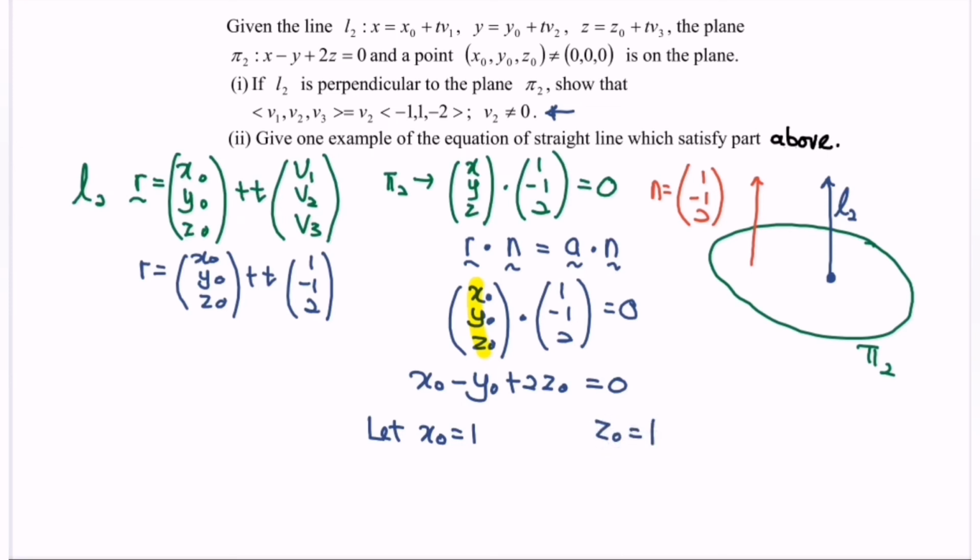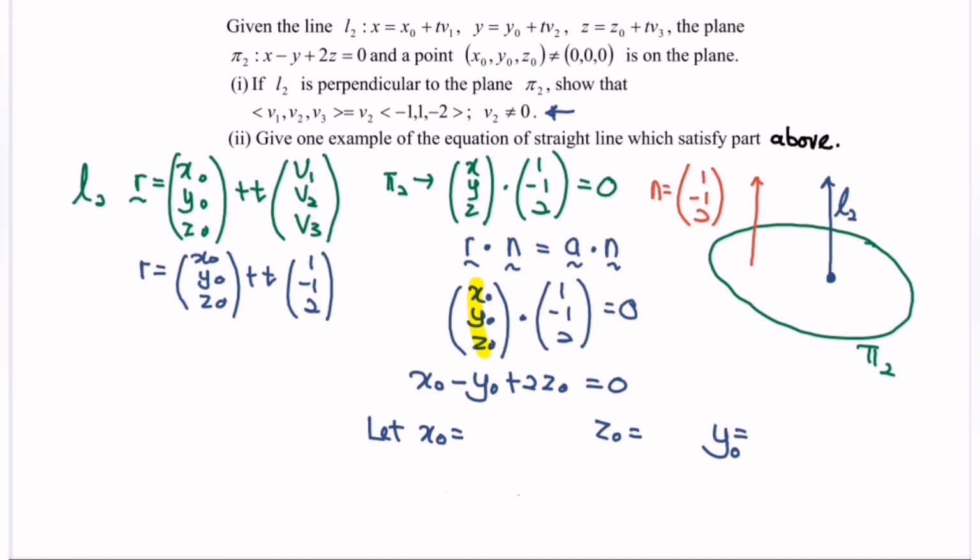For sure, to make it equal to 0, y must be equal to 3, so that 1 minus 3 plus 2 is equal to 0. That is one example for the point A. So from here, R is equal to, bracket, 1, 3, 1 plus t, bracket, we have 1, negative 1, and 2. That is an example of the equation of a straight line which satisfies the plane above.